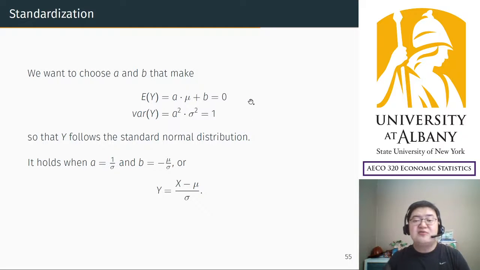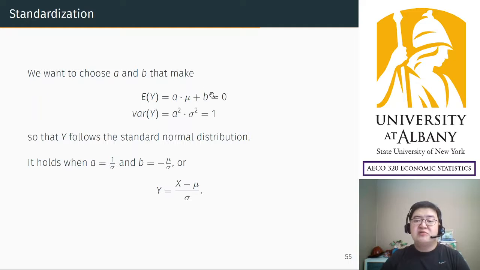It is easy to see what A and B are. The answer is A has to be 1 over sigma, so that the variance equals 1. The original variance is sigma squared, so to cancel it out, you have to have 1 over sigma squared here. Therefore, A equals 1 over sigma. And B is coming from here.